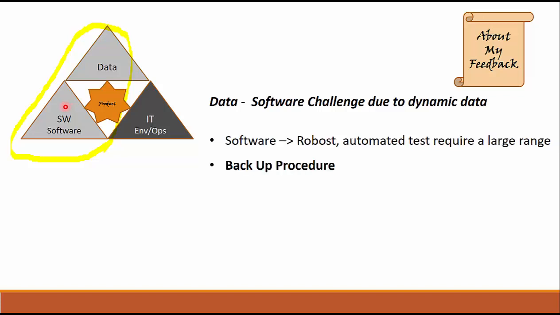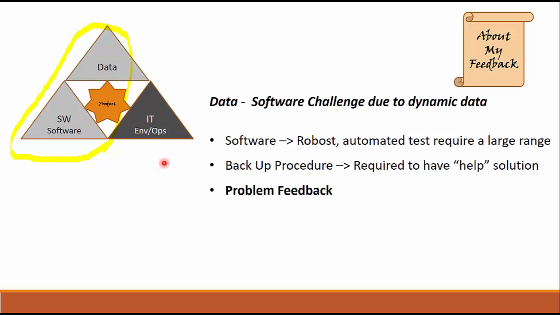For this, you need a kind of backup procedure. This is a kind of help function, and this help function allows the user to have a solution, but the optimum you wanted to provide is not possible. It's a little bit like: today is not my day with the data we have, so you have to proceed like this.